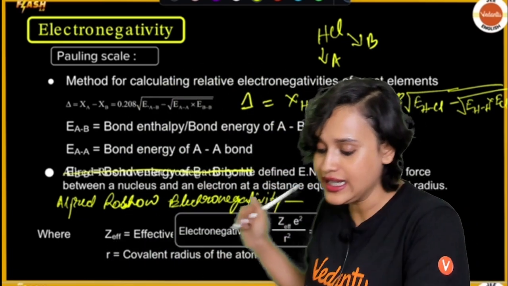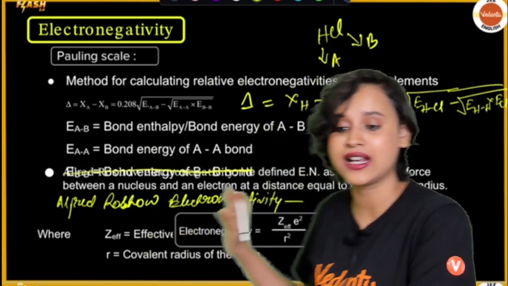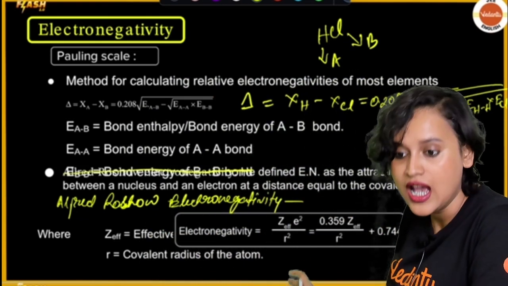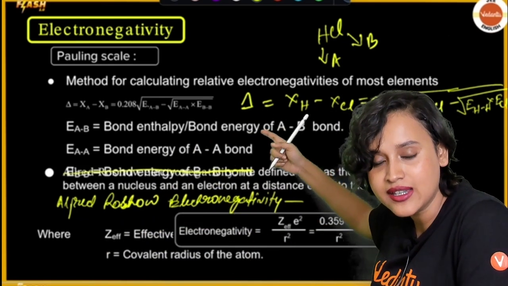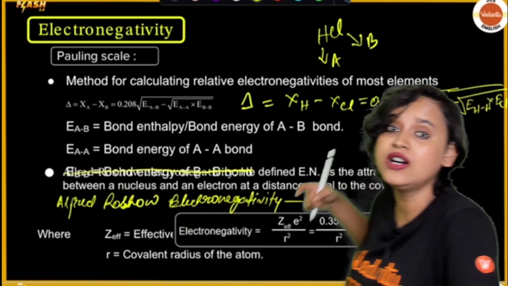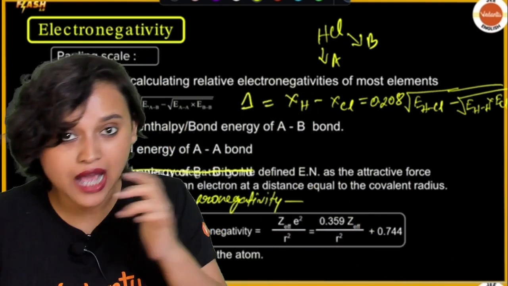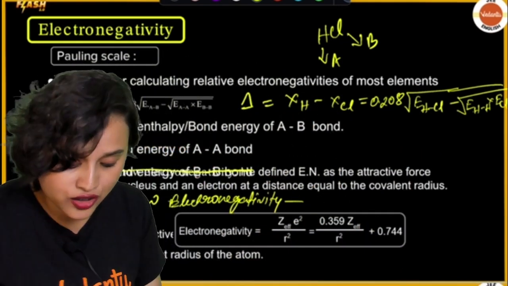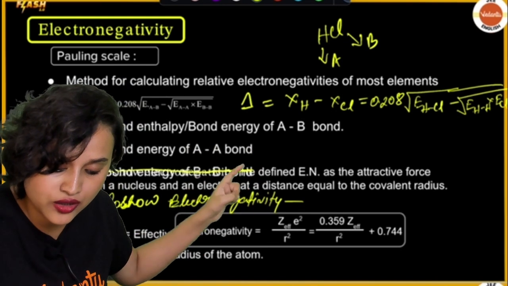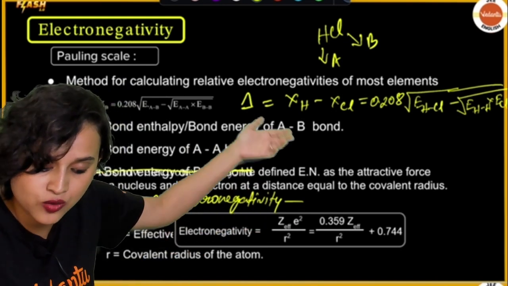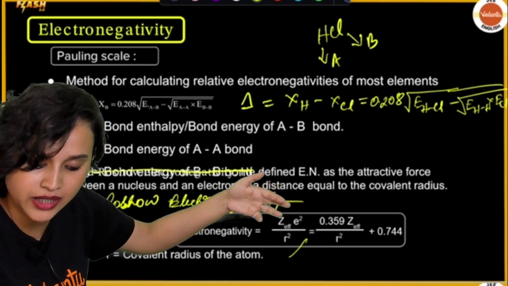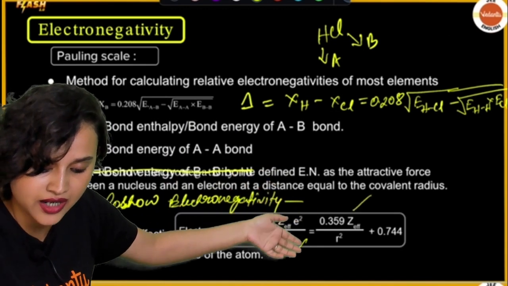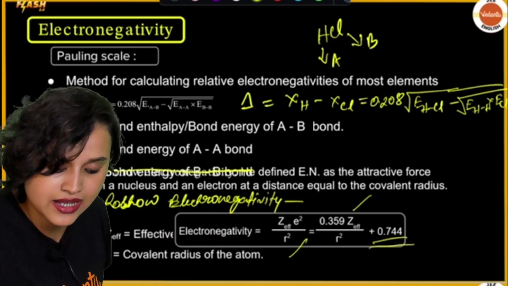And what did he say? He said that electronegativity is actually the attractive force between the nucleus and the electron, which is at a distance equal to the covalent radius. So now we have electronegativity, which is equal to Z effective e square divided by r square, and that is equal to 0.359 multiplied with Z effective divided by r square plus 0.744.